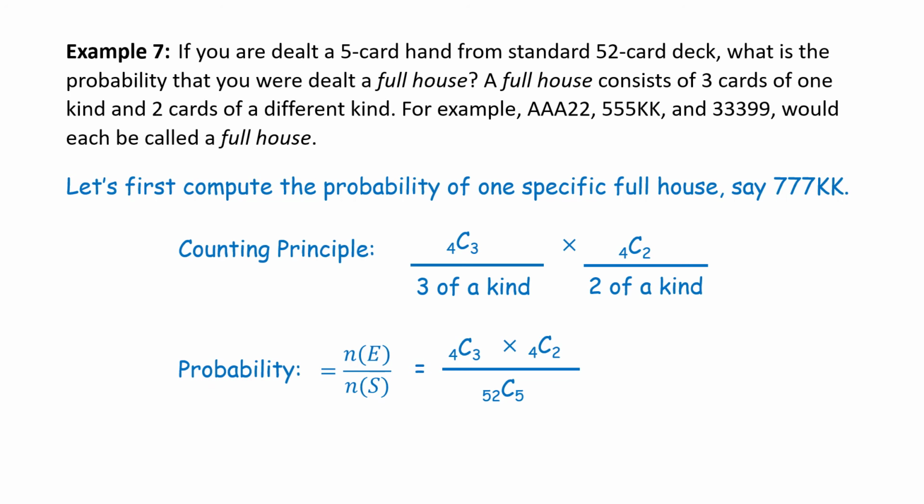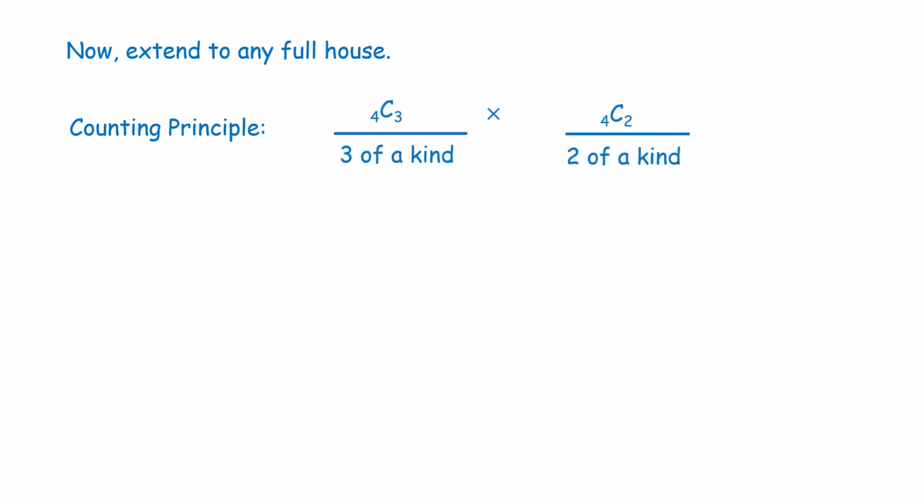That's the probability of getting, say, 777 KK. Now we're going to extend this to any full house. So let's recollect what we've already discovered. With the counting principle, that is a way to get one full house.